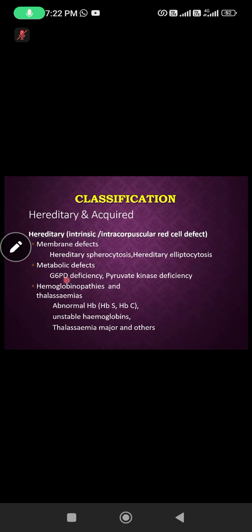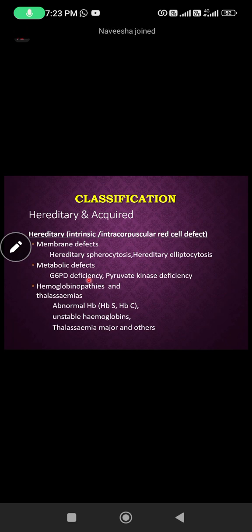And the antioxidants need reducing energy. So if you don't have reducing energy, the antioxidants are unable to reduce the free radicals, and they are unable to prevent the oxidative damage, causing structural changes in the red blood cell.